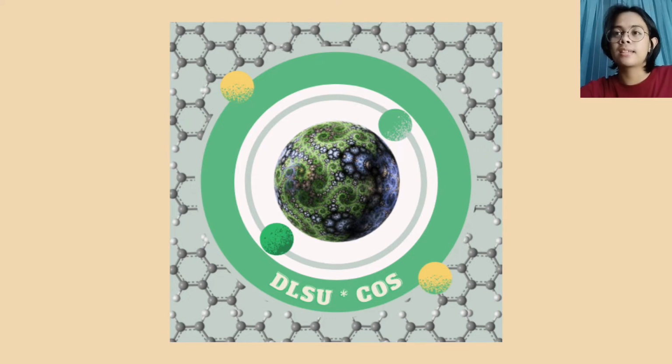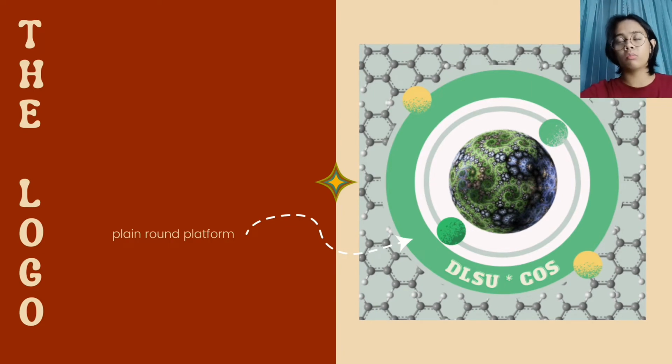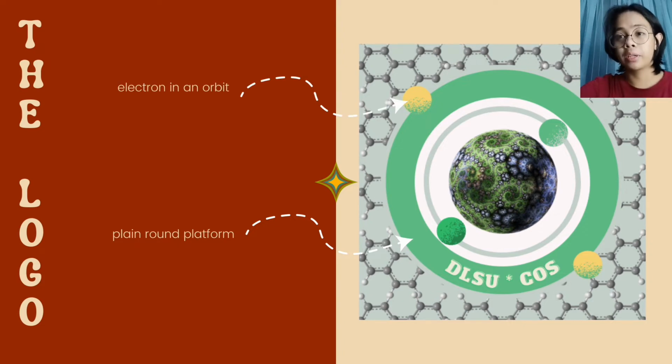But only to give an initial overview, observably in this figure, you can see a green and white platform, a big green circle and a smaller white circle, and you can also recognize here a typical atomic model with a nucleus, of course, and 4 electrons orbiting it.